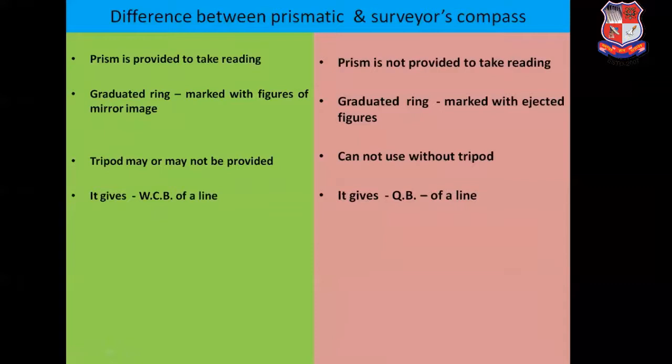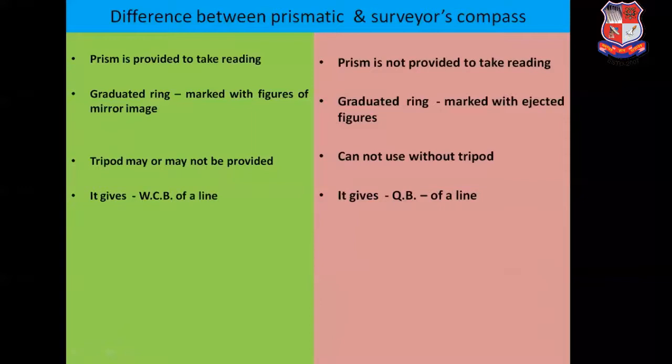In the Surveyor compass, the graduated ring is marked with erect figures. Prismatic compass, tripod may or may not be provided, meaning the prismatic compass can be used with the help of the tripod or without it by keeping the compass in the hand. While the Surveyor compass cannot be used without a tripod stand.